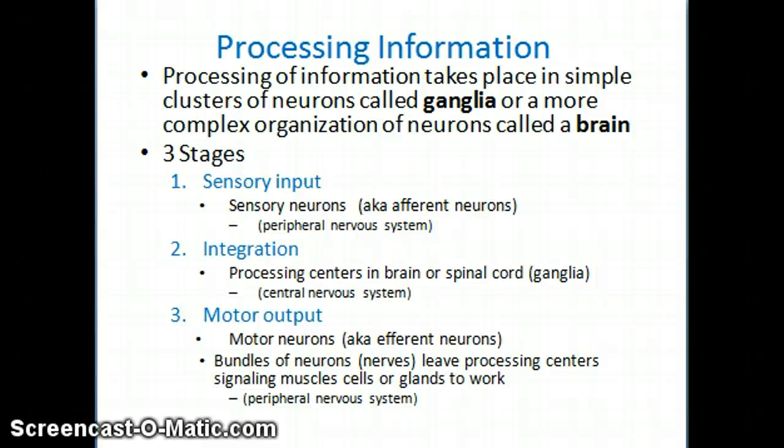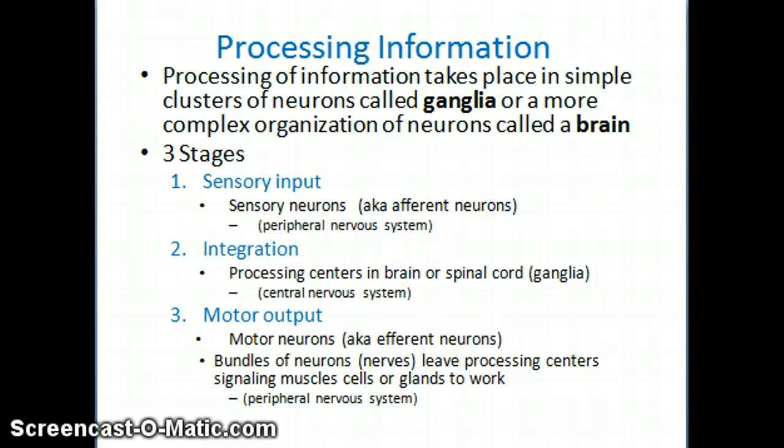Afferent means moving towards a central organ or a central point. So in this case, an afferent neuron is one that is moving towards the central nervous system. Within the central nervous system, we have integration, or what I like to call processing, and that's when the signal is processed and determined what to do with it.